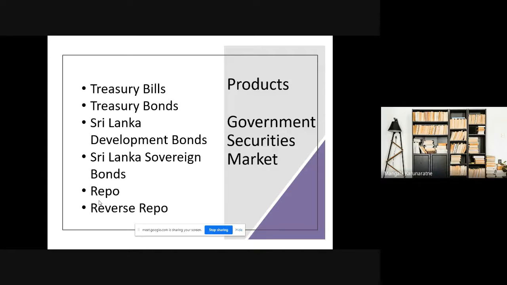But as a market to develop, you can educate people to come into this market and invest in bills, bonds, and other instruments. Of course, development bonds and sovereign bonds also, if they are eligible to do that.